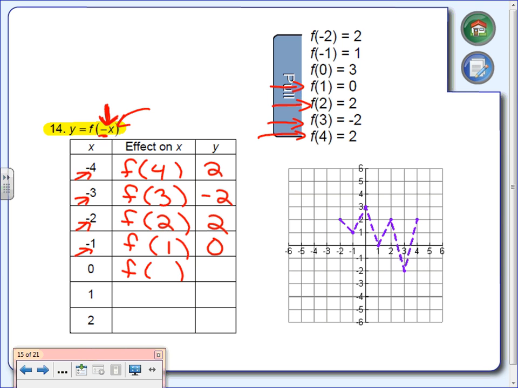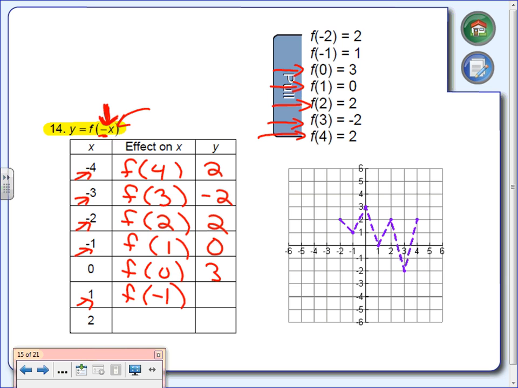The next one we have, the negative sign times 0 is still going to be 0, f of 0. And as you can see over here, f of 0 is equal to a 3. Next one, this negative sign times this 1. Negative times 1 is a negative 1.